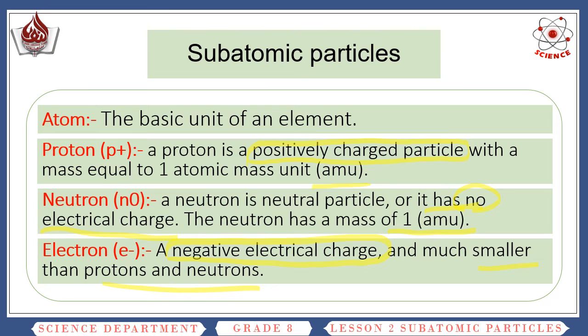So at the end, we have three subatomic particles. The first one is called proton, the second one is called neutron, the third one is called electron. Proton and neutron exist in the nucleus of the atom. Electron is located outside of the nucleus.